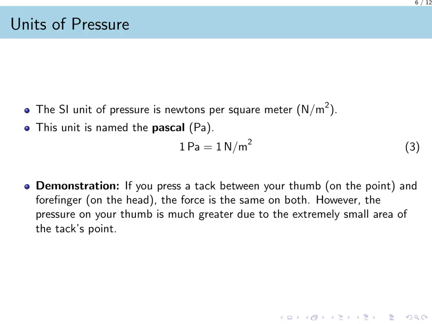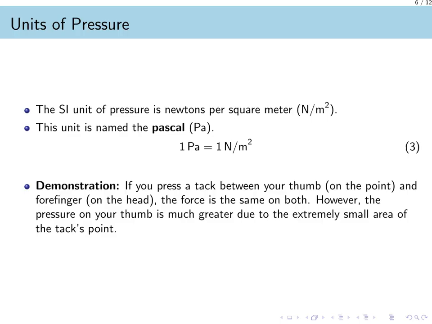This unit is given a special name, the Pascal, abbreviated as Pa. So 1 Pascal is exactly equal to 1 Newton of force distributed over an area of 1 square meter. To feel the difference between force and pressure, imagine pressing a thumbtack between your thumb and forefinger. Your thumb is on the sharp point, and your forefinger is on the flat head.